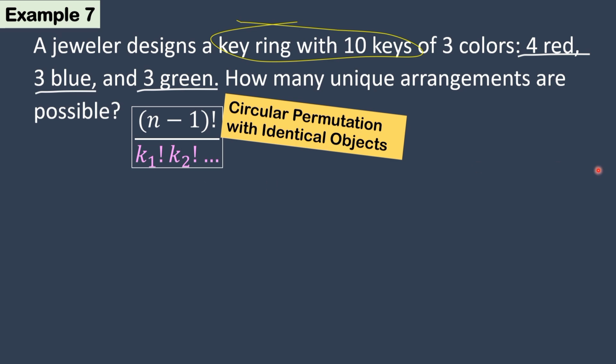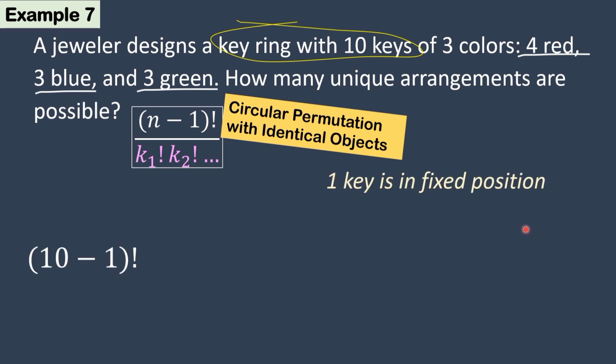In circular arrangements, rotations are identical. One key is in fixed position. Therefore, there are 9 remaining keys to arrange.